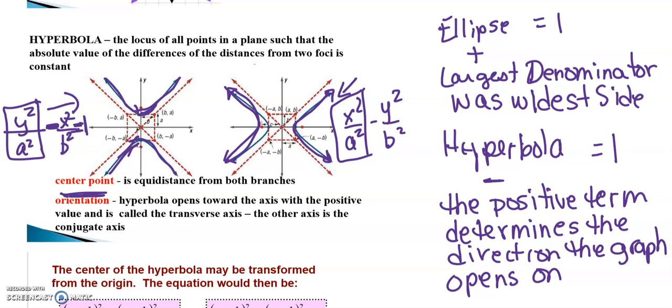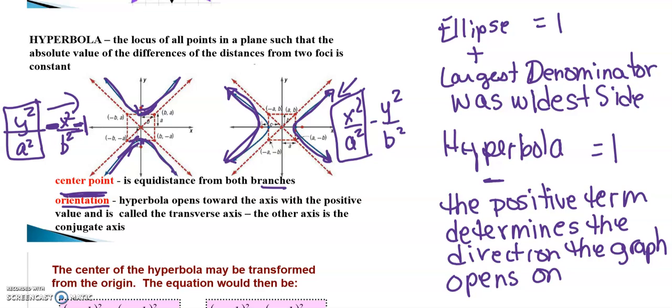The center is equal distance from where those two parabolas are. They're called branches, but they kind of look like parabolas. Okay, and you also have orientation, which is which axis it opens on. In this first graph, the orientation would be along the y-axis, or vertical. They would call it vertical.